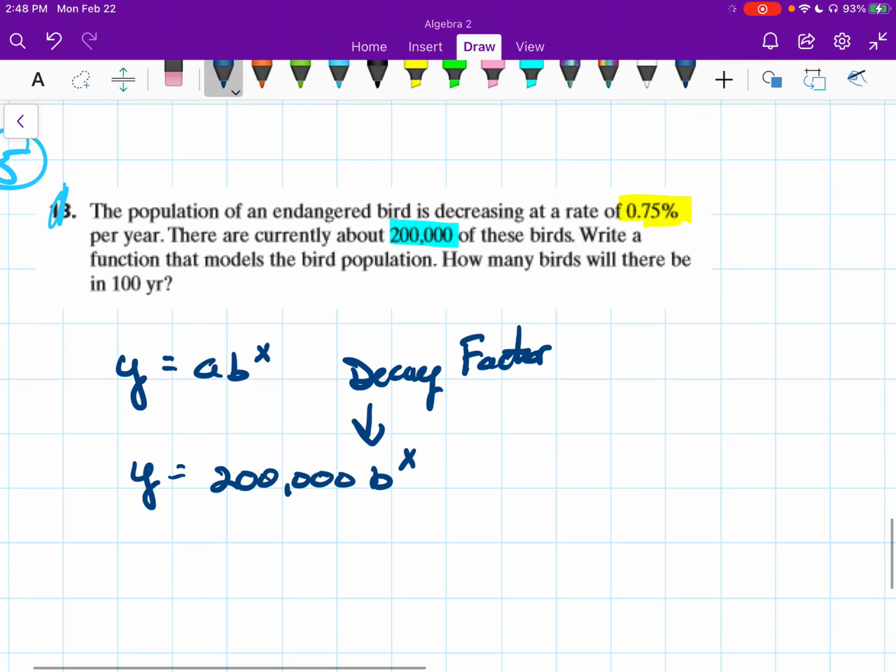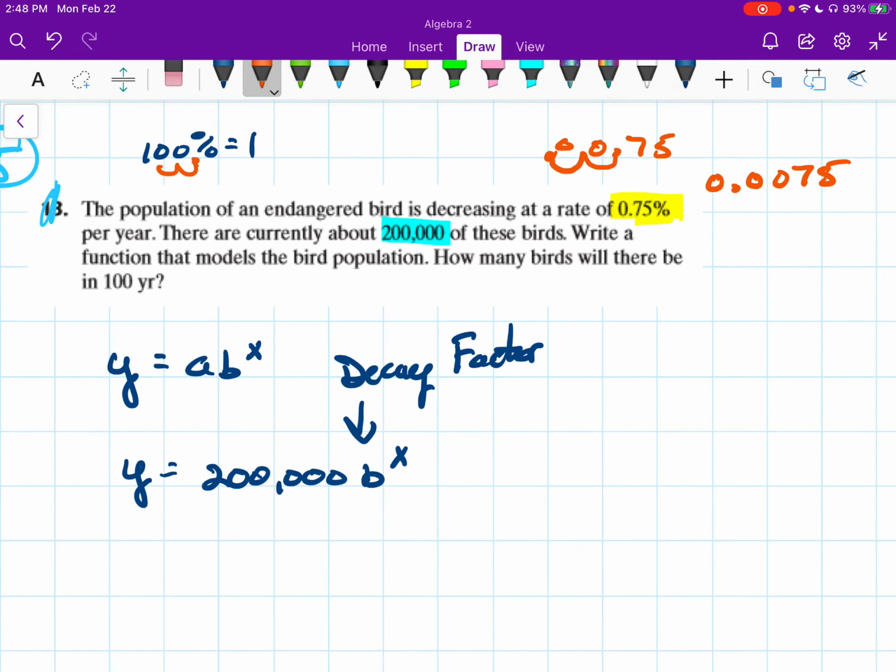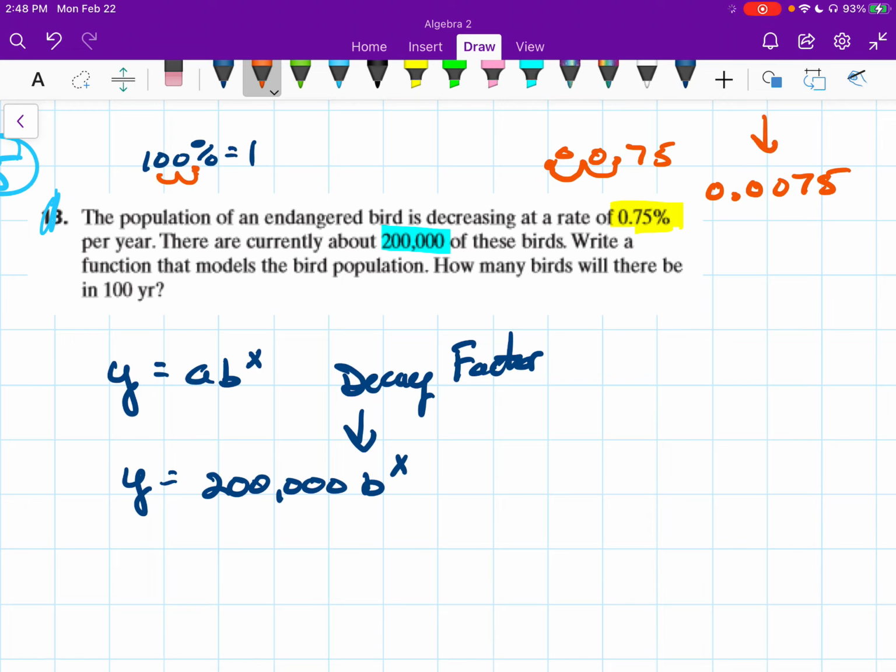Now, think about this: 100% is equal to 1. So what we do there is we take a decimal and move it 2 spots to the left. 0.75, the decimal moves 2 spots to the left, and we're going to have 0.0075. This is how much it decreases, but that's not our decay factor.